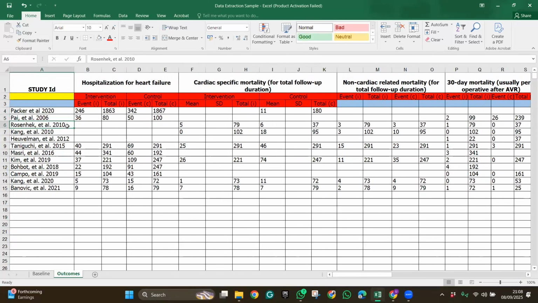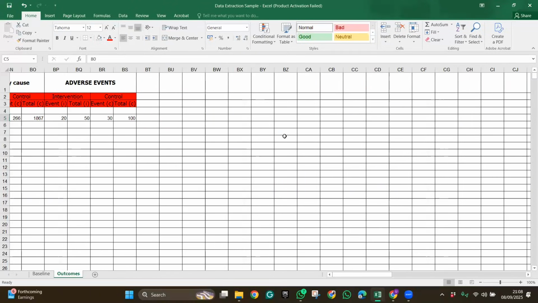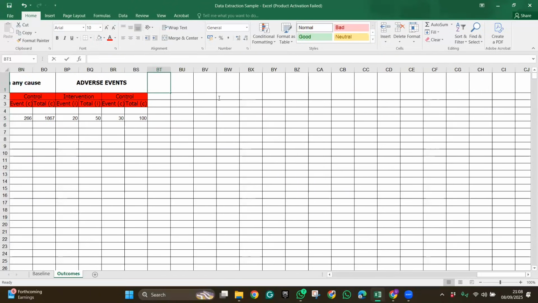Let's say in the third study, you find more outcomes which were not present in the first study or in the second study. What are you going to do? Again, you're going to go to the end of the extraction sheet and add it here. Okay? Let me copy it again. And let's say the outcome is EGFR, okay?